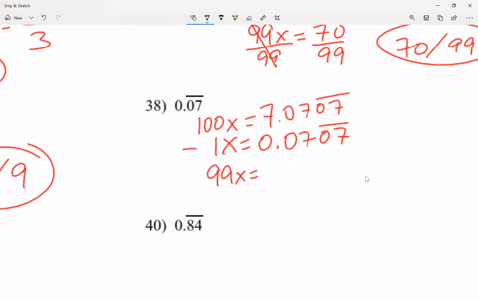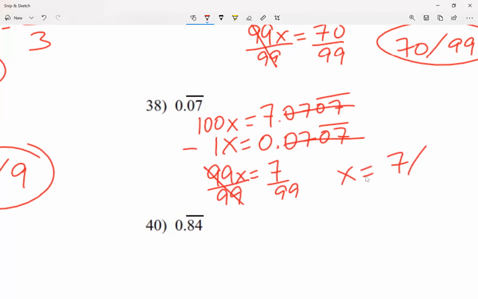If it helps you, write the 1 in front of the x. That way you can see that it's 100x minus 1x. That's where I got the 99x. I know that the numbers after the decimal point basically cancel out. 7 minus 0 is 7. So to get the x by itself, let me divide both sides by 99. So I get that x is equal to 7 over 99. Now, I cannot simplify this fraction anymore. So there, 7 over 99.